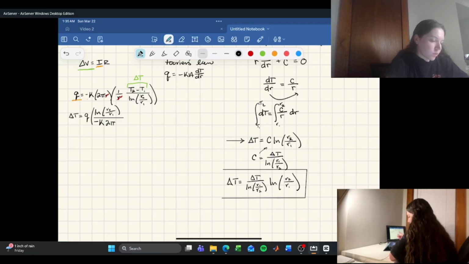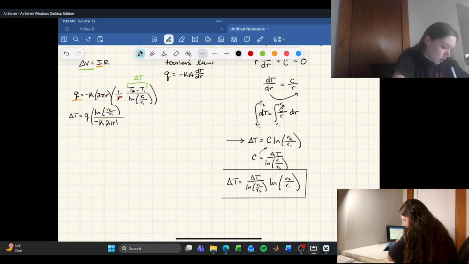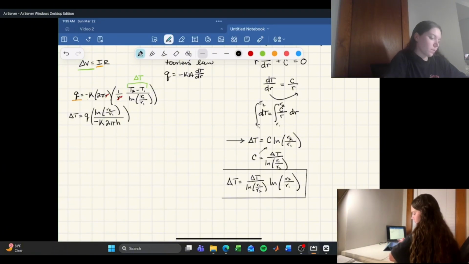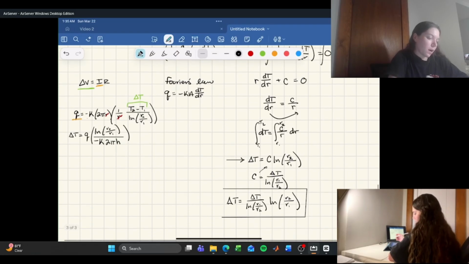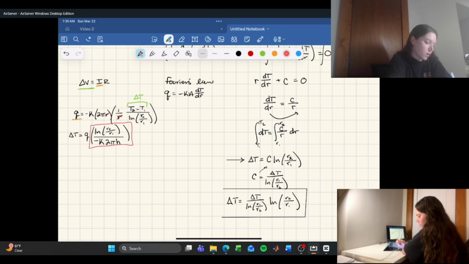And then, like I said before, because it's a cylinder, we have to multiply it by the height as well. So we can put the h there for the height. So this is the final equation relating the heat flow to Ohm's law, and we can say that this term here specifically is the thermal resistance.